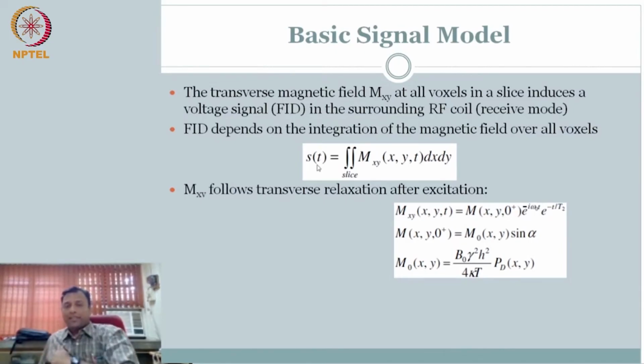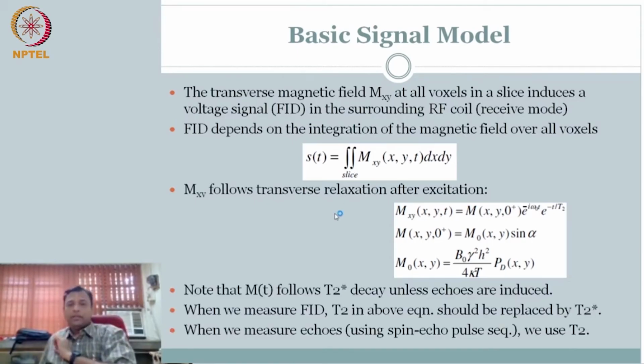So what you are measuring, S of t, is nothing but every component that is coming from this complete slice. Of course, for the M of t we should be careful. This is correct. Like I keep saying, T2 we have put for purposes of explanation and going forward, but do recognize that technically this is T2 star.